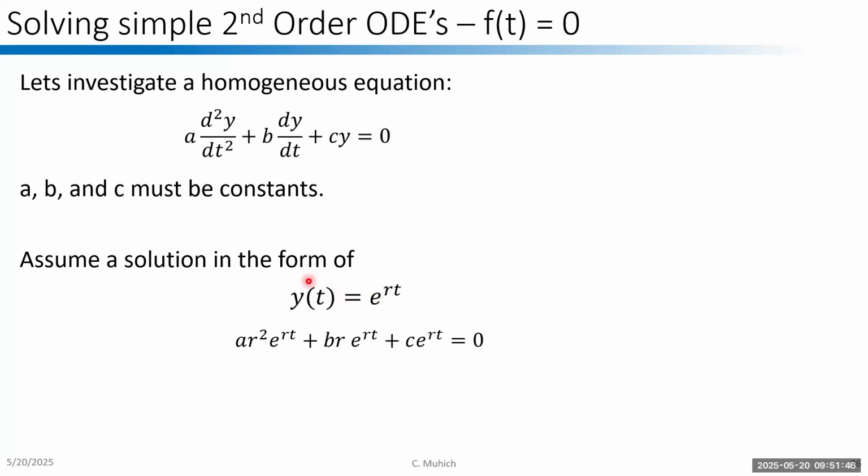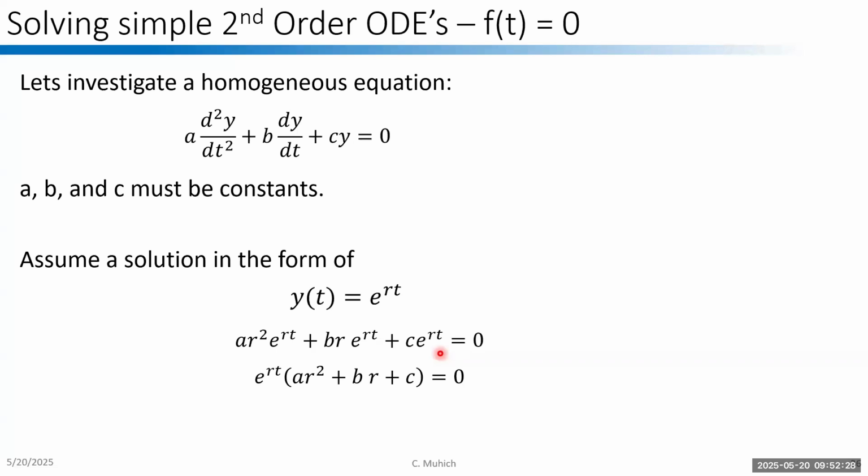If I take this assumed functional form and substitute it in, I first take the second derivative of e to the rt with respect to t, and I get e to the rt back, times r twice. So I'm left with a r squared e to the rt plus b times the first derivative of e to the rt with respect to t, so that's r e to the rt, plus c times y, which is e to the rt, equals 0.